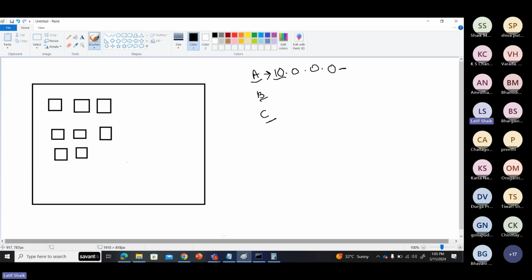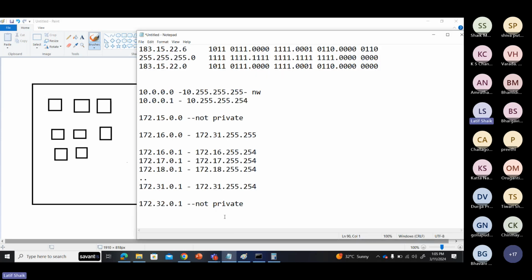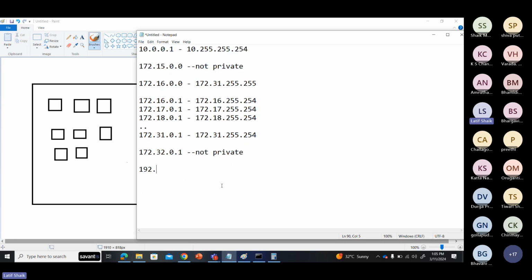Now about class C. If you have less than 254 hosts, what do we use? Class C. This is a class C network, and this entire range is private only.